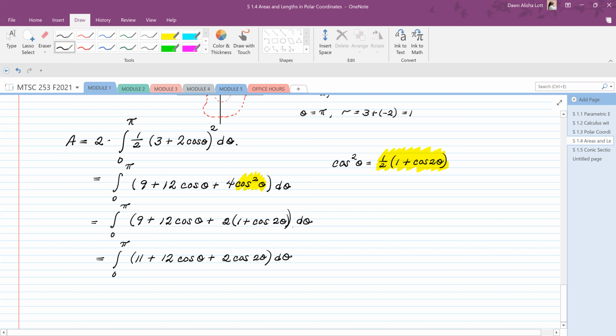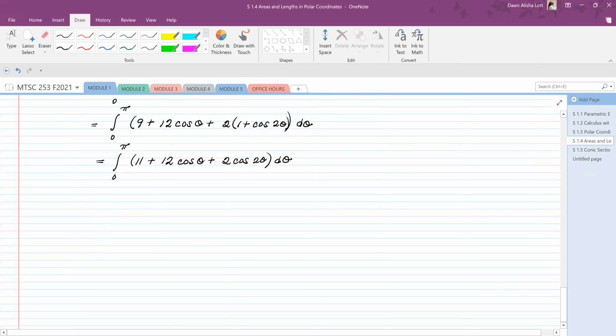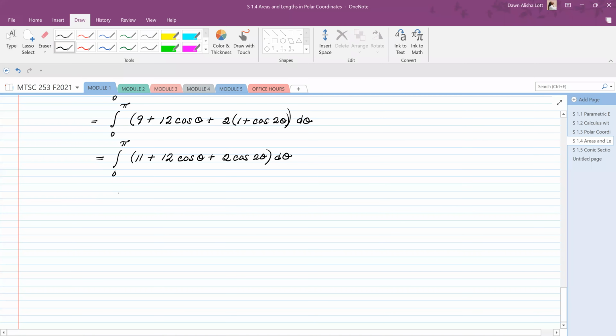So now I'm all ready to do my integration. This becomes 11 theta plus 12 sine theta, and then this becomes the sine of 2 theta, evaluated between 0 and pi. And when you put everything in, you just end up with 11 pi. And that's it.